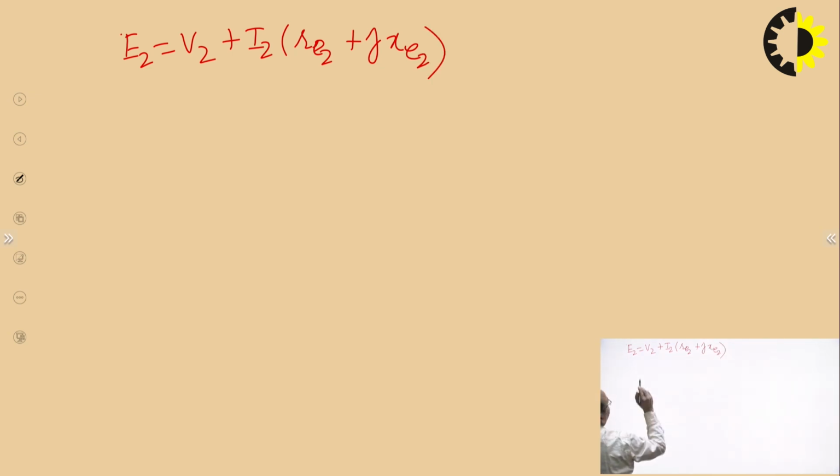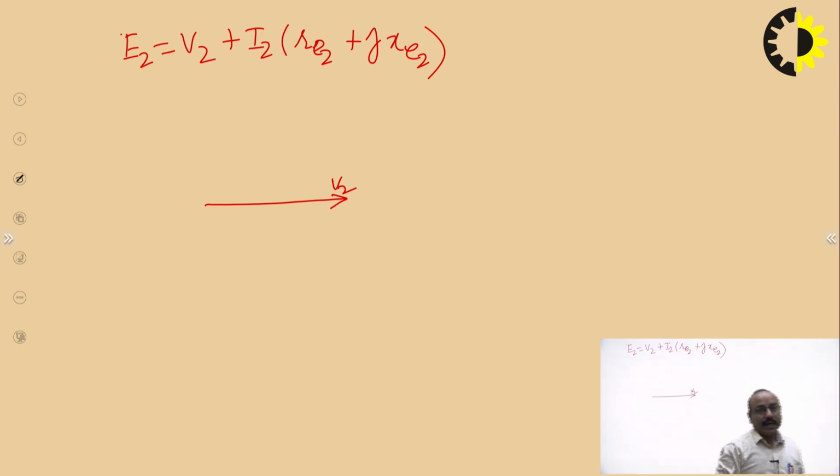Suppose I am using V2 as the reference phasor. So, V2 will be taken like this. This is the reference phasor. Now, we have a lagging power factor load connected in the secondary. That means the load current I2 in the secondary will be lagging by some angle from the load voltage V2.